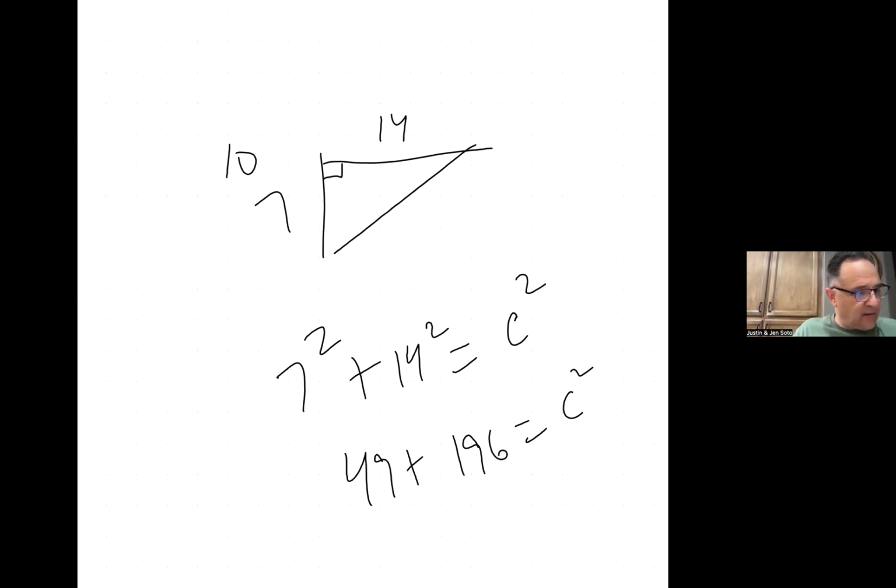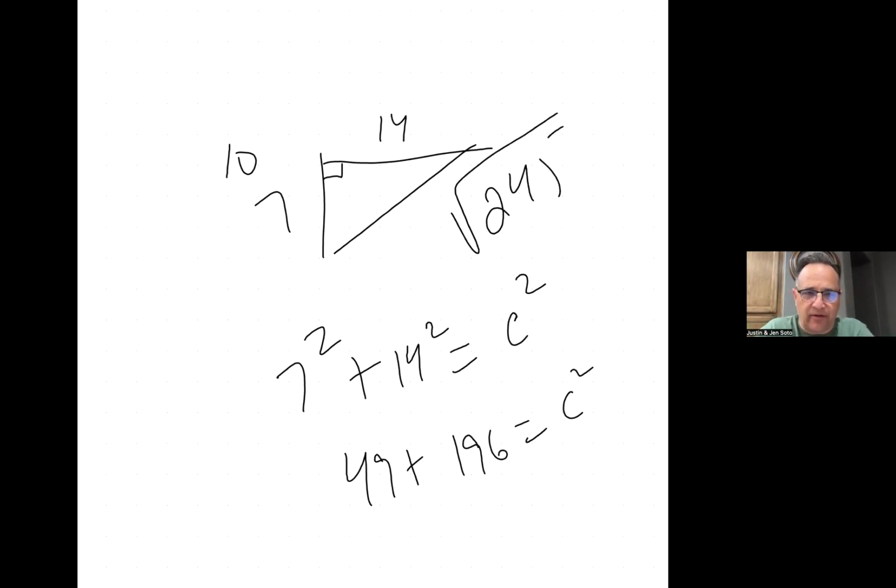I think they actually want it in a reduced fraction, so let's do this actually. 245, root. Let's go ahead and do a factor tree on this. C squared equals 245, right? Because you say 7 squared plus 14 squared, 245. Then you root both of those.